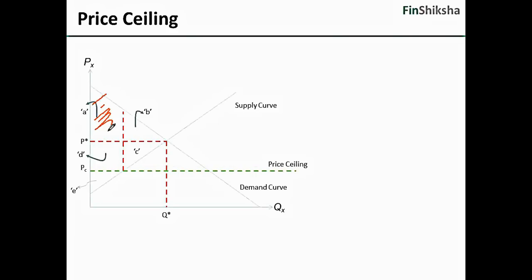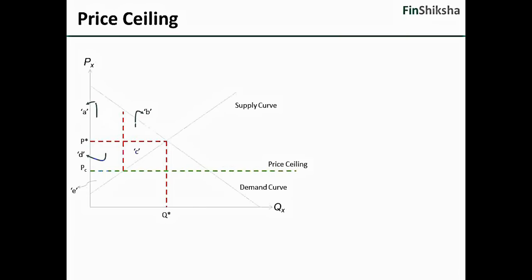This part is the consumer surplus. What part is the producer surplus? I'll color that in another color. So this entire part as we begin is the producer surplus. Correct? So A plus B is consumer surplus, C, D and E is producer surplus. Let me delete this so that it's readable.